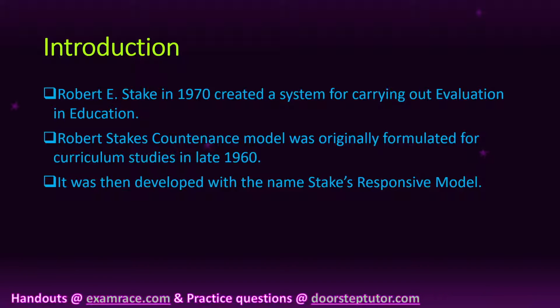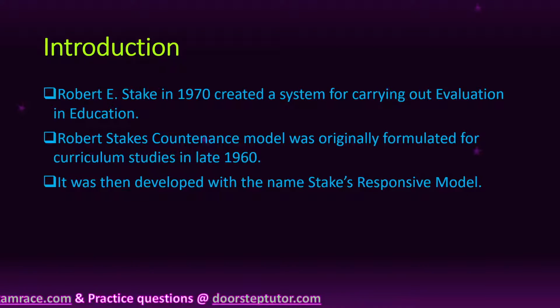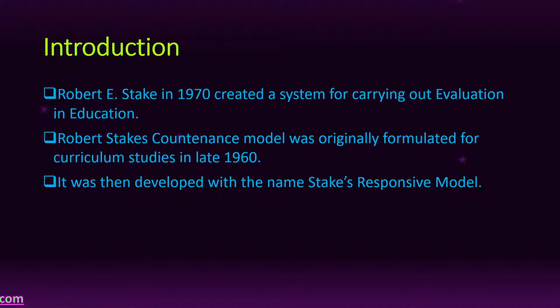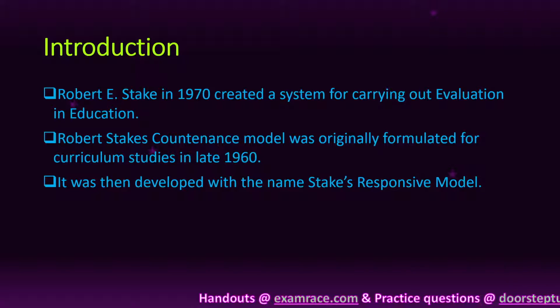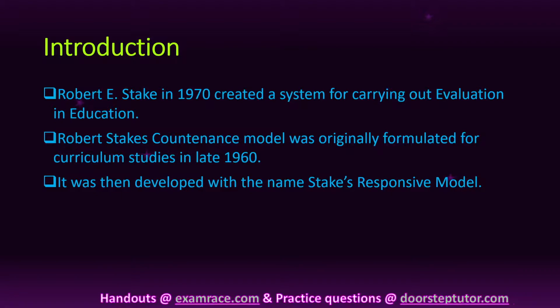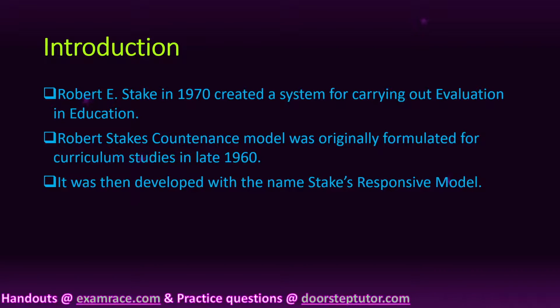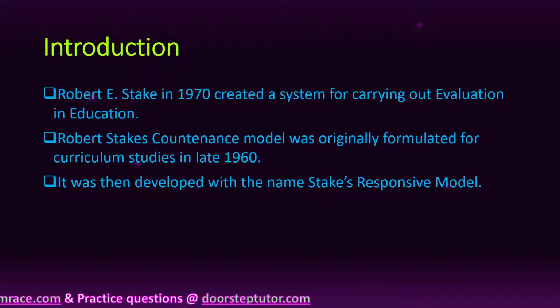It means all the people who are involved in this model, like teacher, student, clients, staff, audience, they all are responsive for that program. So Stake's model determines the effectiveness of a program. It involves response from all teachers, students, clients, staff.